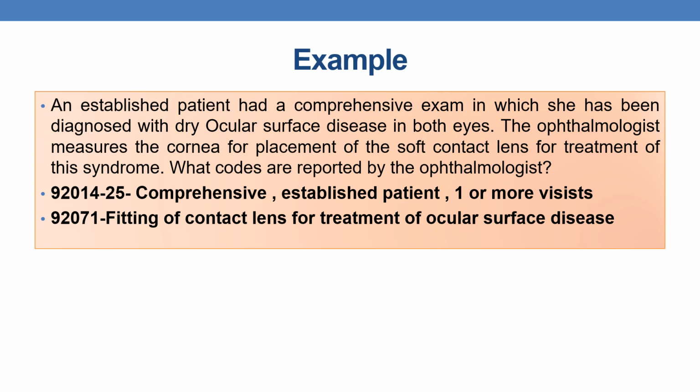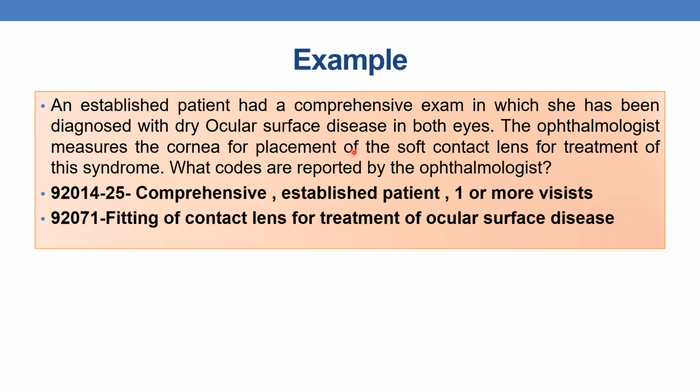So, 2 CPTs must be reported by the ophthalmologist. The first is 92014 along with modifier 25 to indicate a comprehensive exam, established patient, 1 or more visits. Followed by 92071 to indicate the fitting of contact lens for treatment of ocular surface disease that we have discussed earlier.